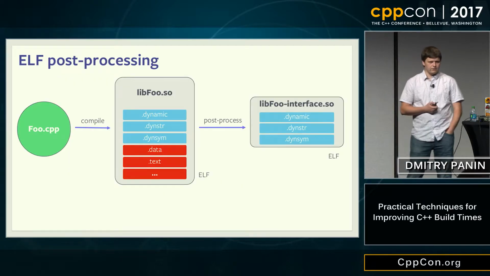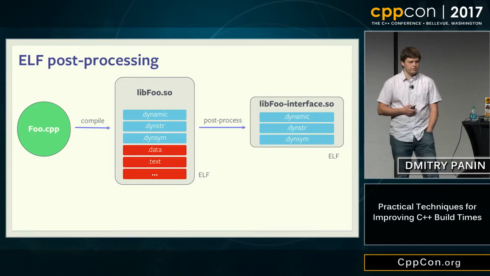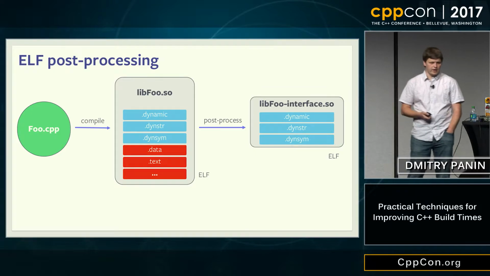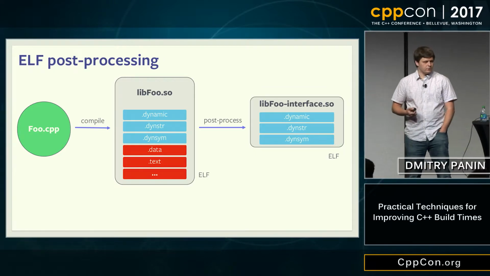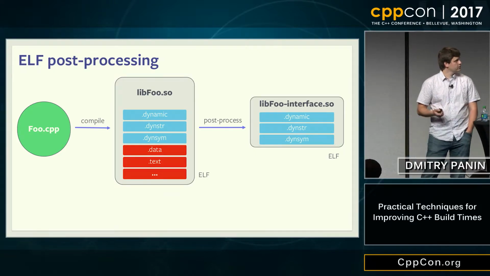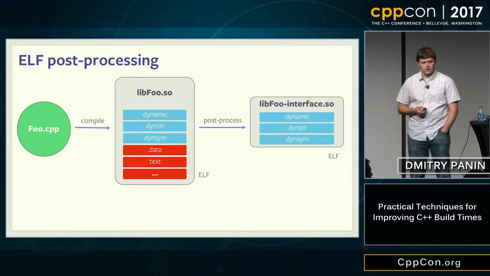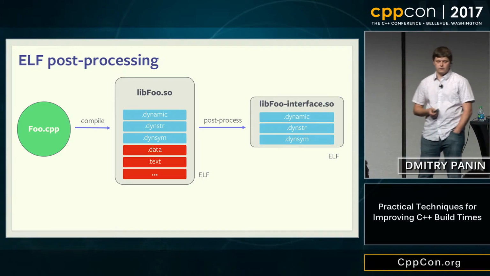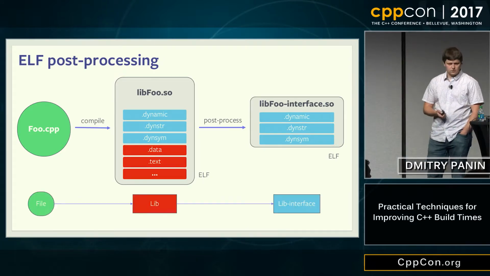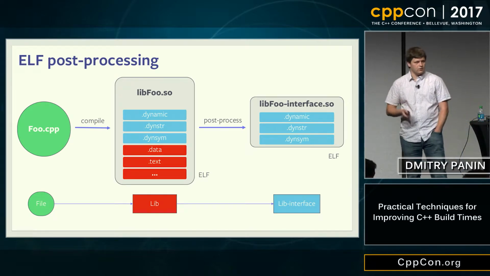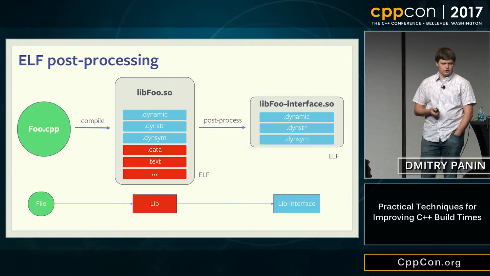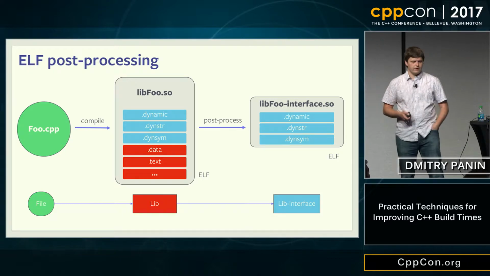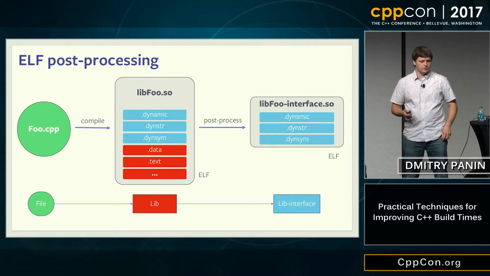So we put some post-processing on the ELF files. We first compile and get the shared object file, then run post-processing by removing all sections other than these three. It looks like this. The file changed, the library also changed, but the library interface did not change.